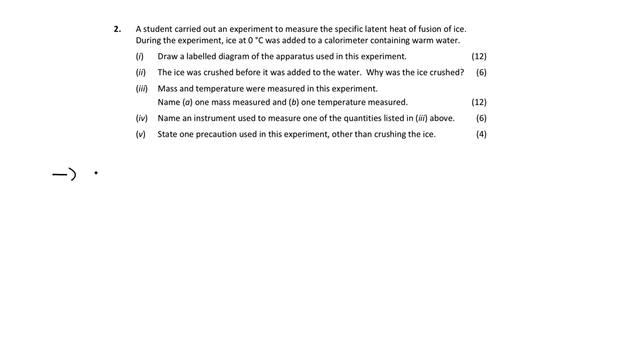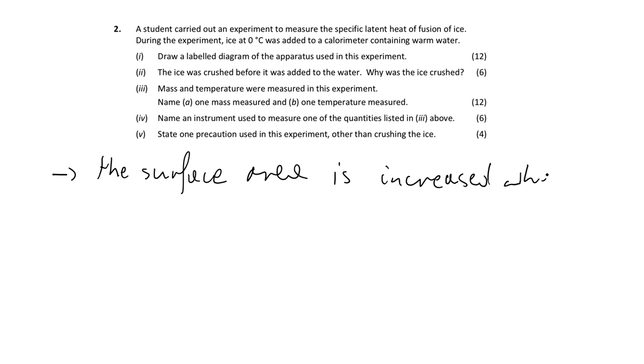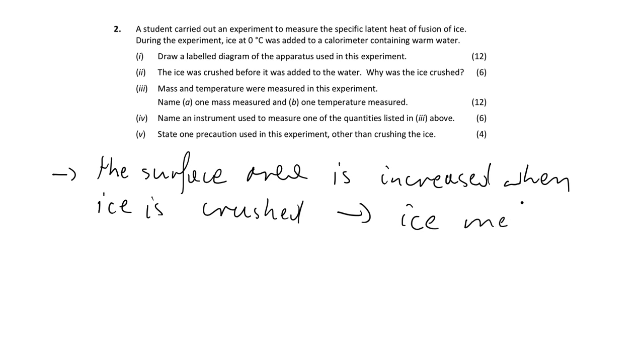So we can say that the surface area is increased when ice is crushed, which leads to ice melting faster. If we either say that it's to speed up ice melting or refer to the surface area, we should be okay for the full marks.